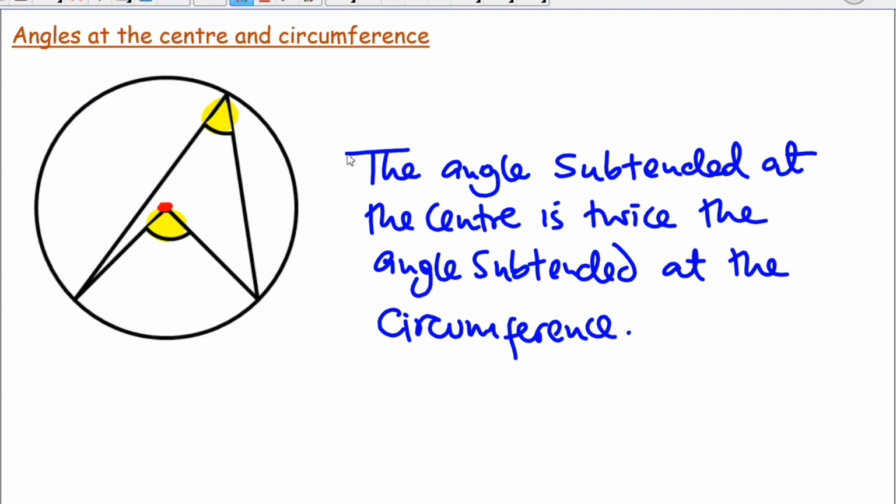What that means is that if this angle is x, this will be 2x. It will be double that angle.